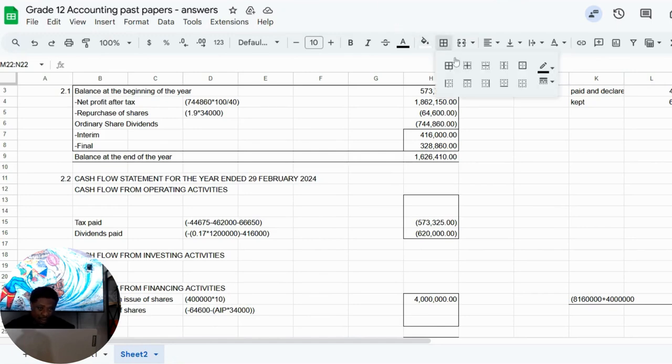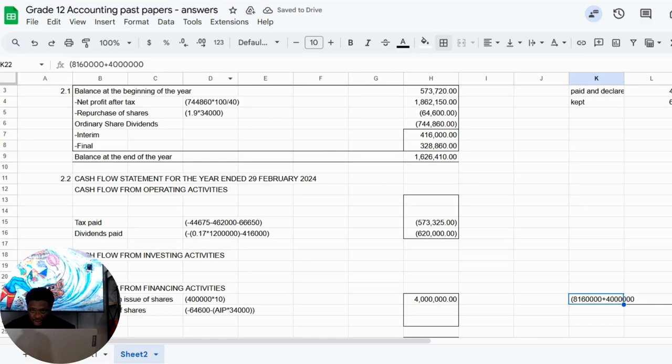And then below, we would divide by the number of shares. So let's put this information here. Remember that we're working out the average issue price. The average issue price is basically the total amount raised from shares divided by the number of shares.